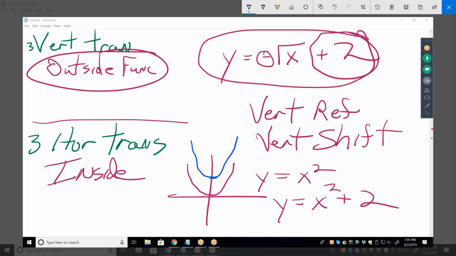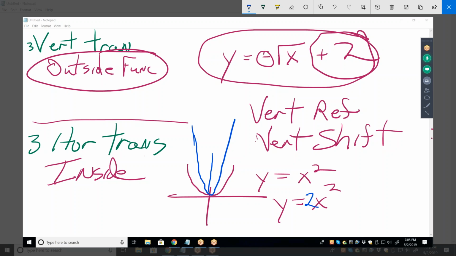Stretches do. If I were to put that 2 in front of the x squared, then it would change the shape. It's not the same parabola. Instead of just being moved up 2, it's a much narrower parabola. So that's the difference between a shift and a stretch.